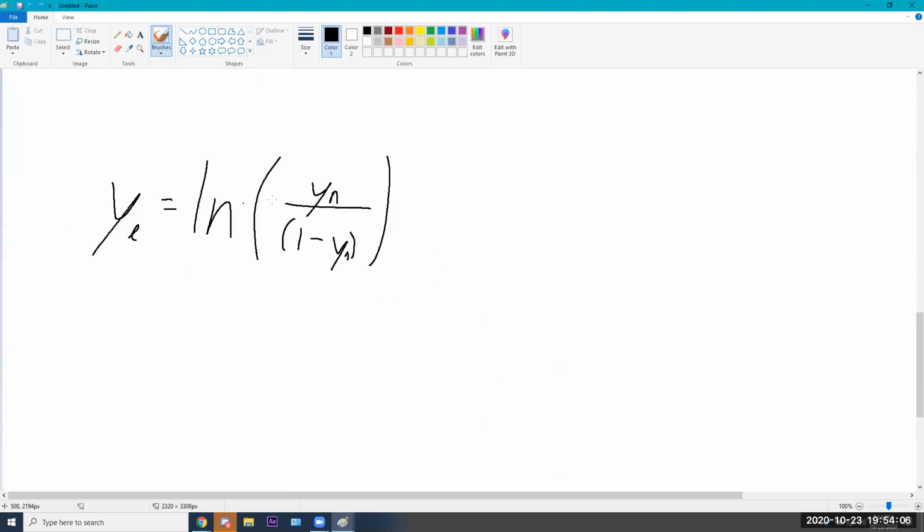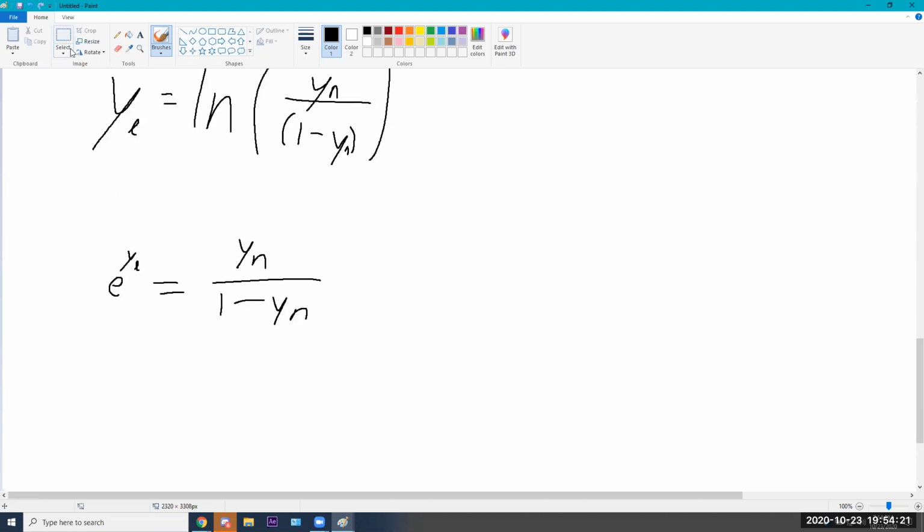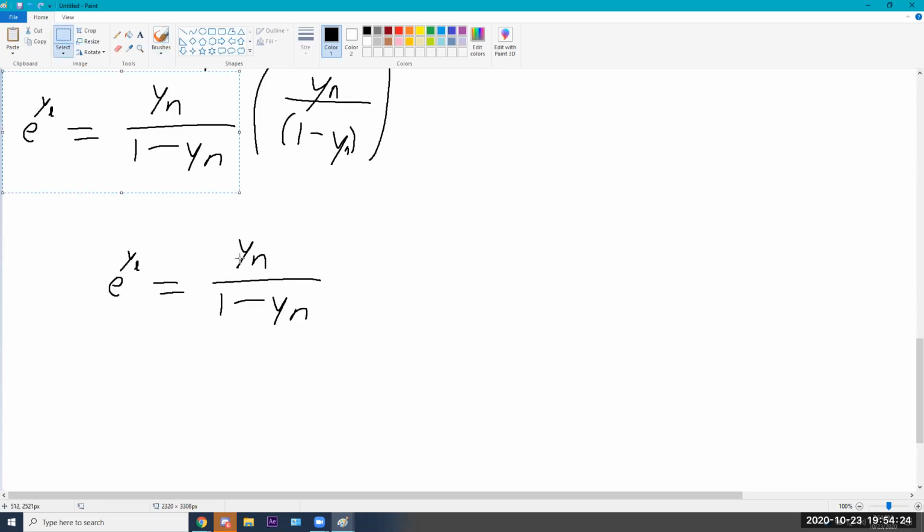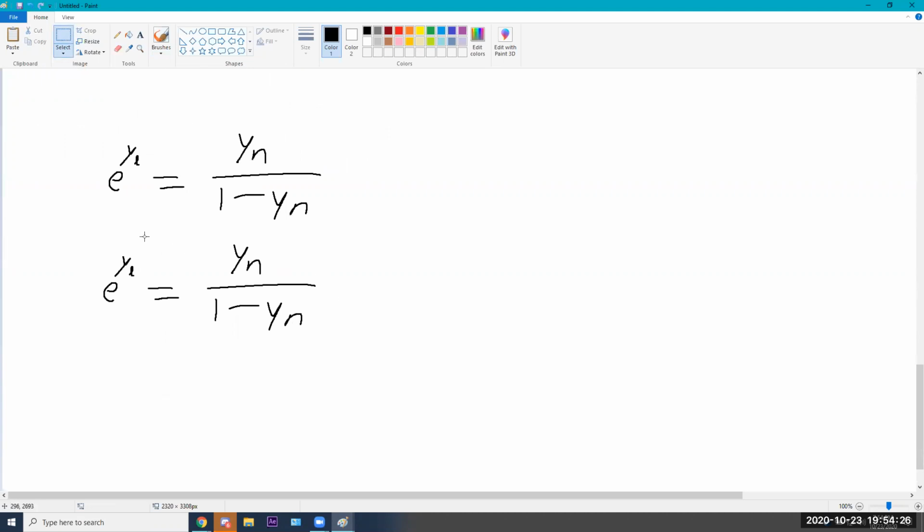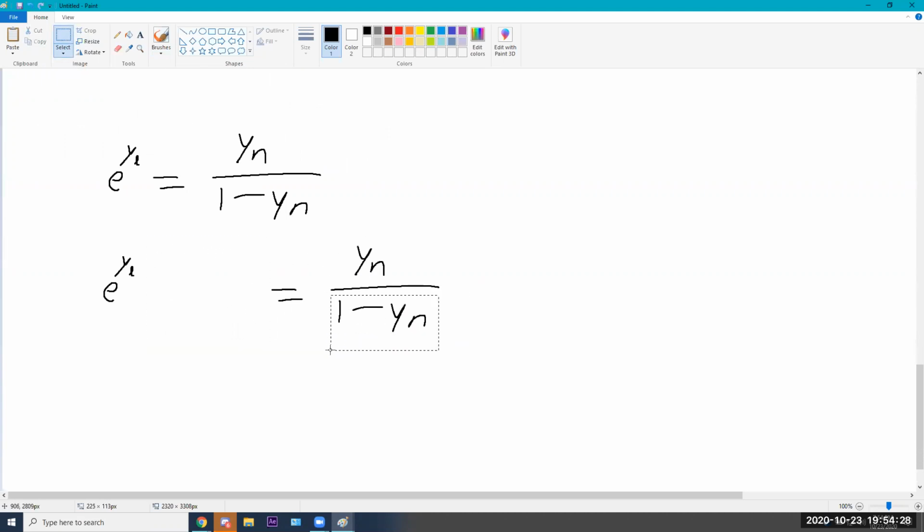And so for that, we can simply solve for Y normal. So we get E to the YL is equal to Y normal over 1 minus Y normal. Multiply both sides by 1 over Y normal. So you get something like this.